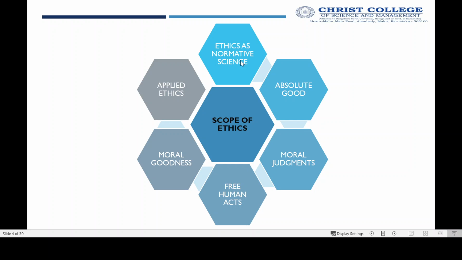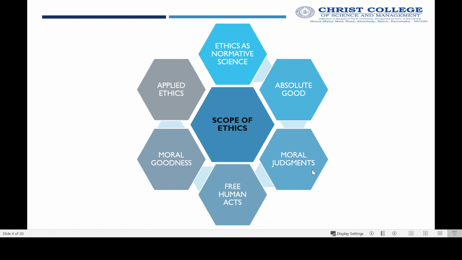And it is called normative ethics because it has its own principles. Next one is absolute good. That means it is concerned with the highest good or absolute good. It is concerned with right, duty and good. So that is absolute good.